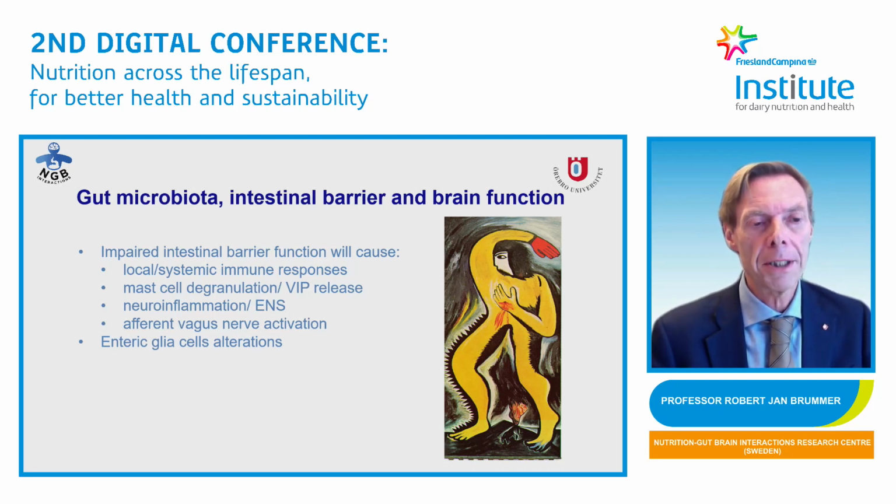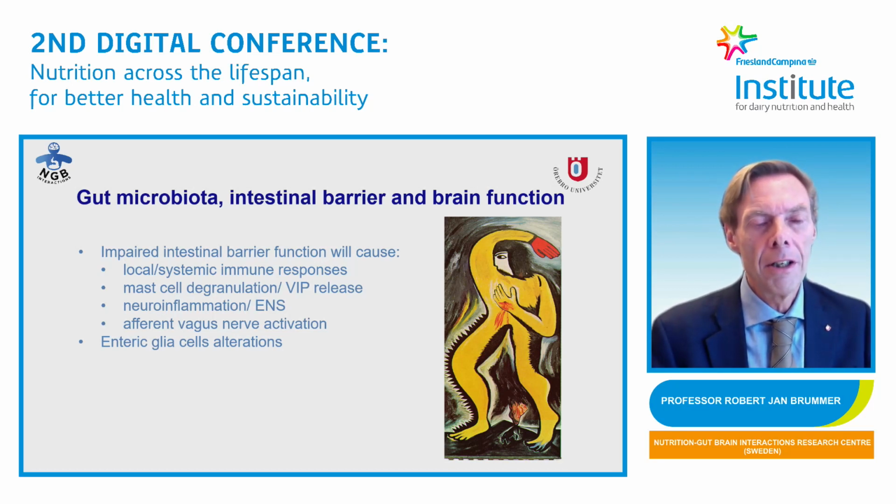It causes mast cell degranulation, and mast cells produce, for example, proteases and histamine, which actually also negatively affect the barrier function itself. So you get a negative vicious circle, you get neuroinflammation, you get changes in the enteric nervous system, and that all results in a change in vagal nerve activation from the enteric nervous system to the gut.